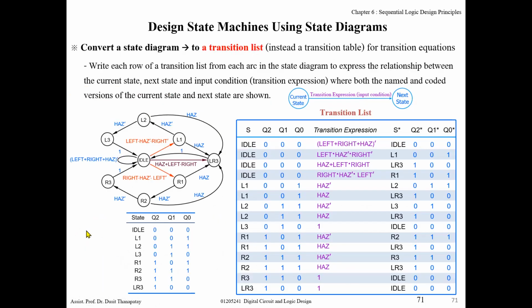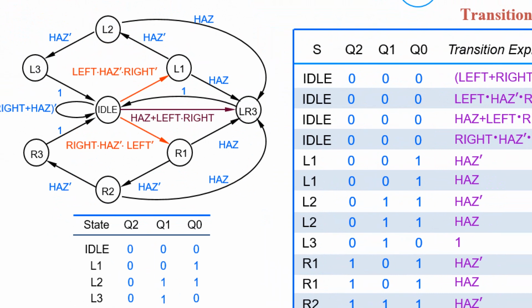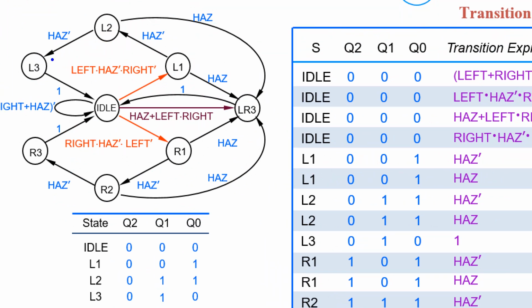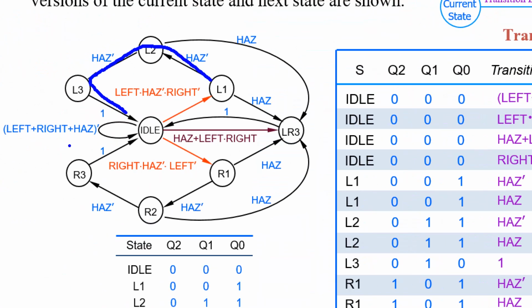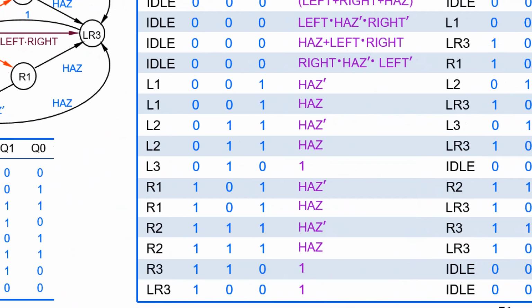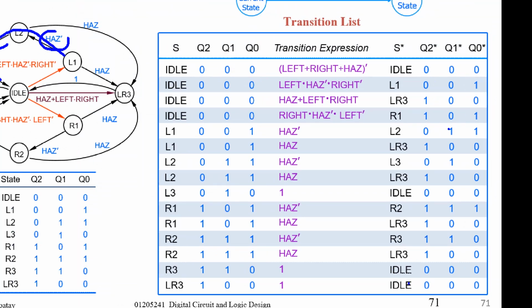Note, please take a note. If you use gray code for L1, L2, L3, something like that, because the input condition is the same, hazard prime, hazard prime. So that means when you select this one, Q1, one here, here, here, here.